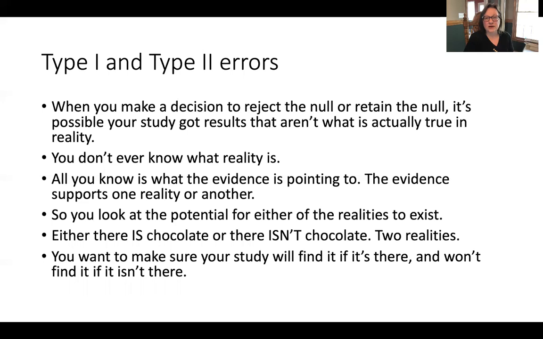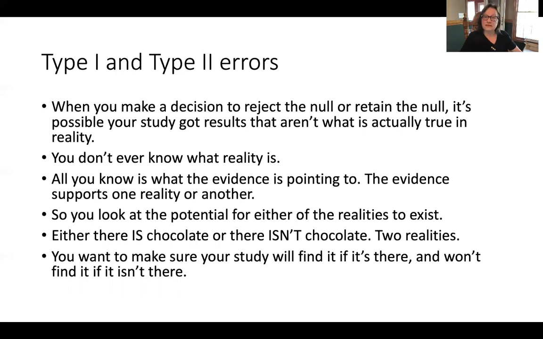It wasn't studied well, or it's just probability, just random chance gave you these results. And so the results don't match the actual truth. Now, of course, remember, as scientists, we don't know what the truth is, and we're skeptical. So we're back to that. You don't know what reality is. All you know is what the evidence points to. So you look at the potential for either of those realities to exist, and that helps you understand what error means.